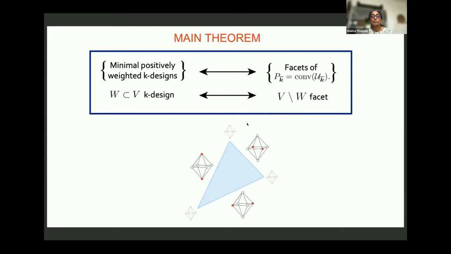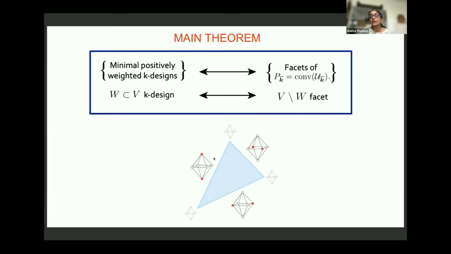Pictorially, or just as a cartoon, this is what the theorem is saying. For example, if you take the octahedral graph and order its eigenspaces in a particular way, then there is some polytope. This blue polytope happens to be a triangle, and the facets correspond to the minimal positively weighted k-designs for this particular value of k. I will show you more precise examples.